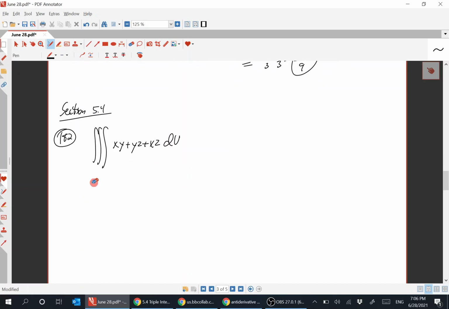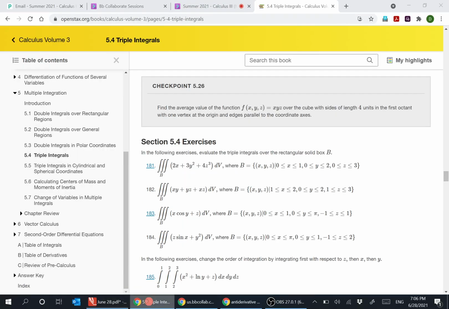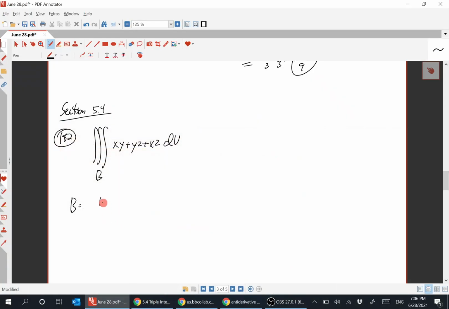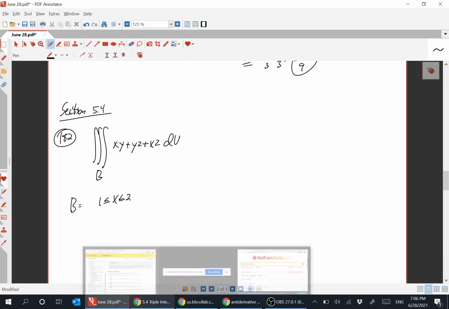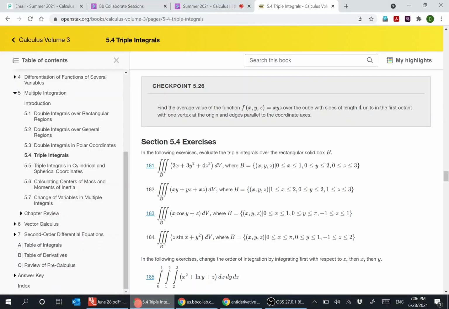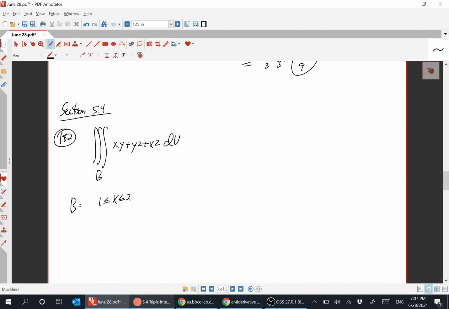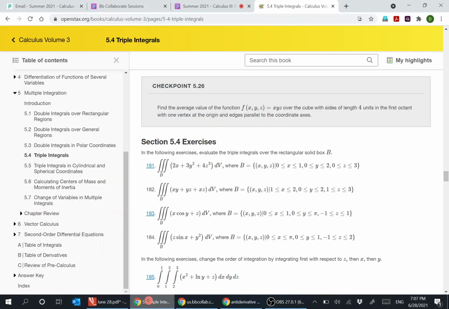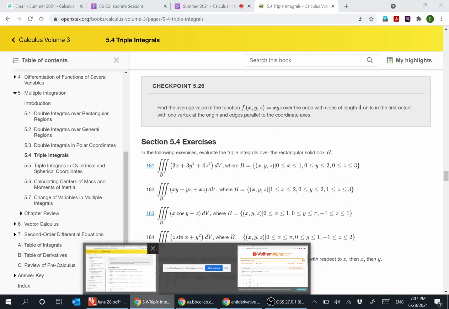where B is equal to, well, what is it? 0 to 1 for x, 1 to 2 for x, 0 to 2 for y, and 1 to 3 for z.